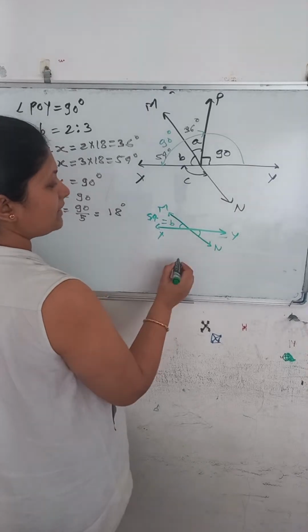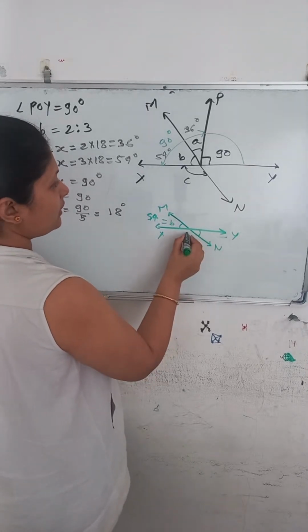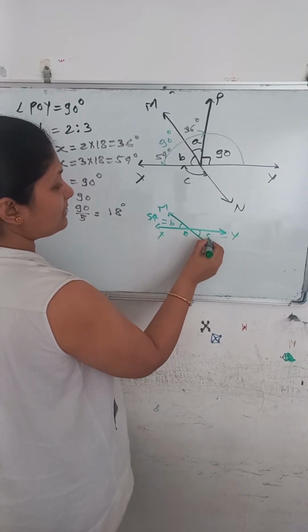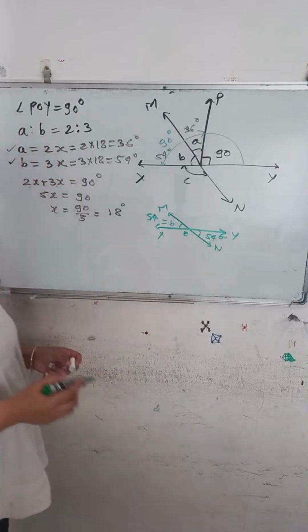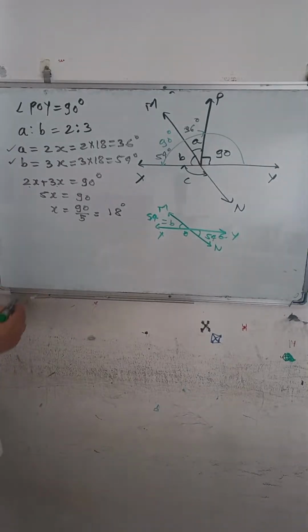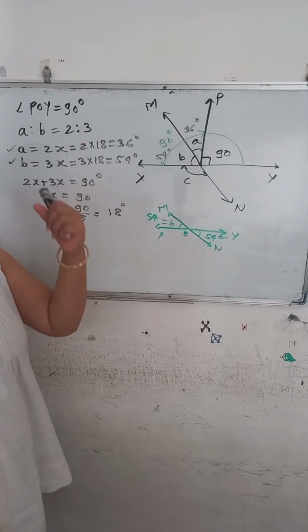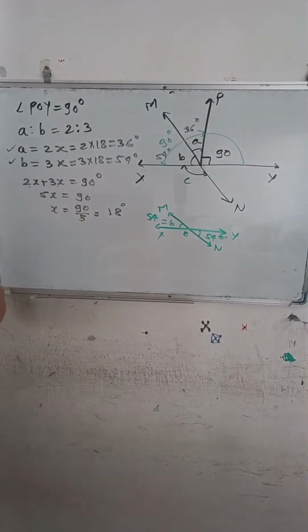Then what is the angle value for NOY? That is 54, no? Because they are vertically opposite angles. So you have to see the diagram properly. You will get many answers, just without any calculation.